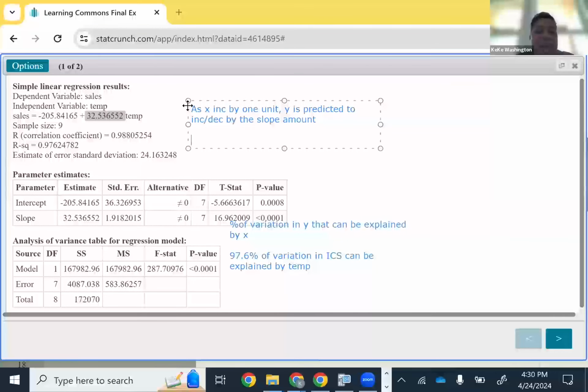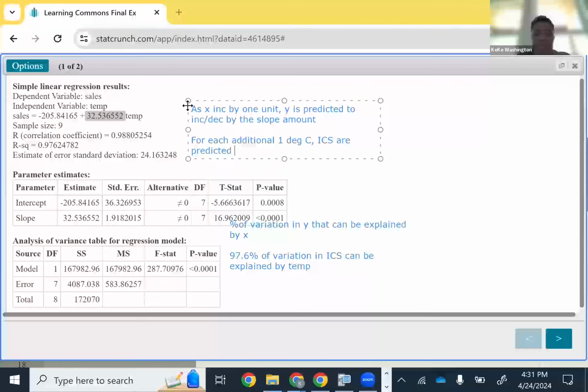So in this case, as x, temperature, increases by 1 unit, the unit of measure in this problem was degrees Celsius. So we would say for each additional 1 degree Celsius, then it says y is predicted. Y is sales, so ice cream sales are predicted to increase or decrease. This is based on the slope amount.